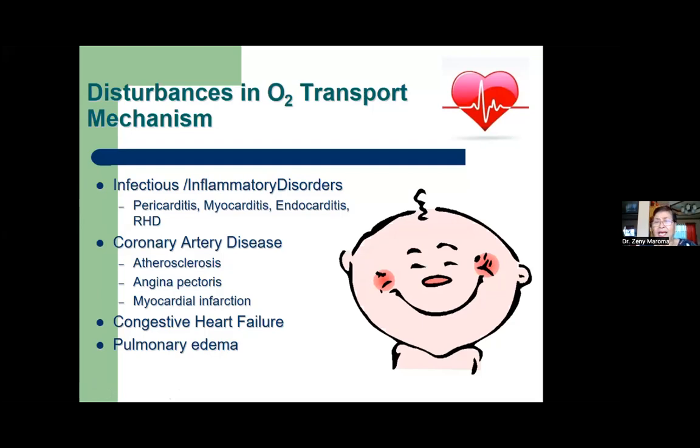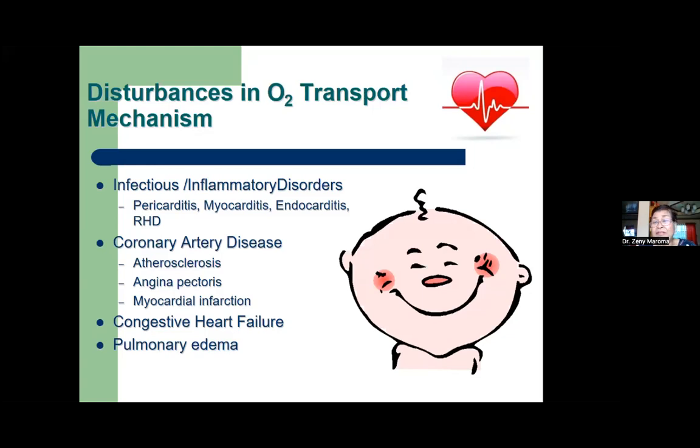And when there is infection, there is inflammation. So again, when there is infection, there is always an inflammation, while if there is an inflammation, it does not necessarily mean that there is an infection.